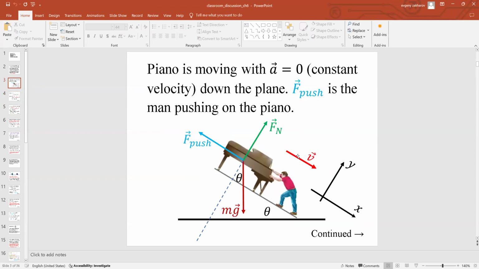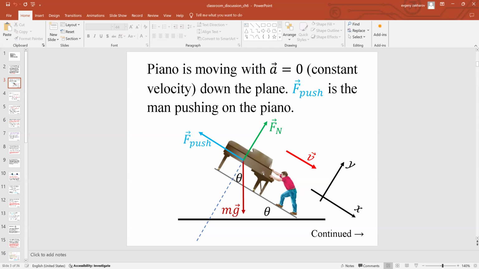Now the gravity. What do we see for gravity? Gravity creates this kind of a component, and this component faces the same direction that the positive x is showing. So the component is therefore positive. And if this angle is theta, then alternate interior angle here is also theta.